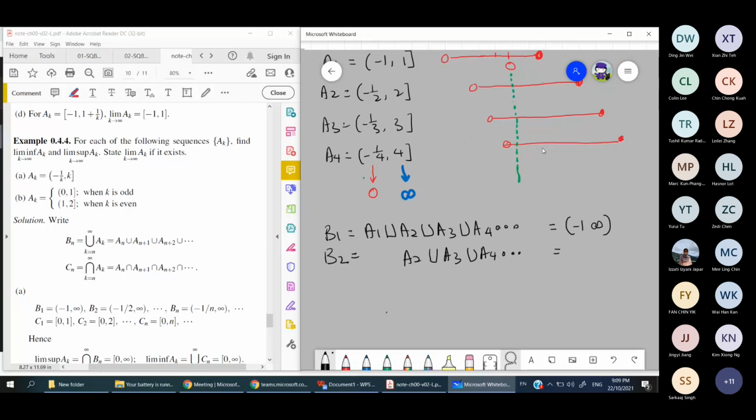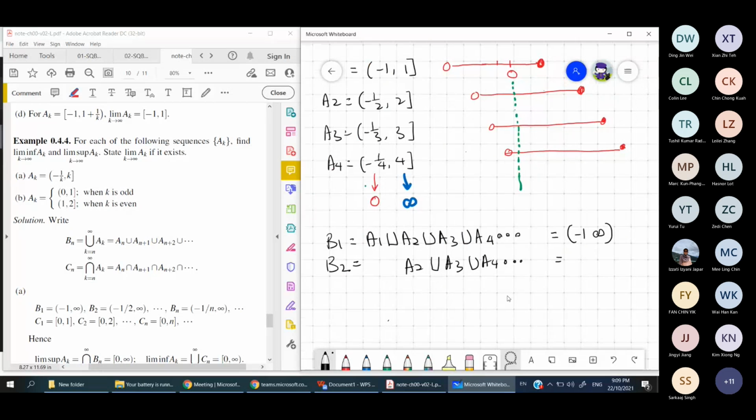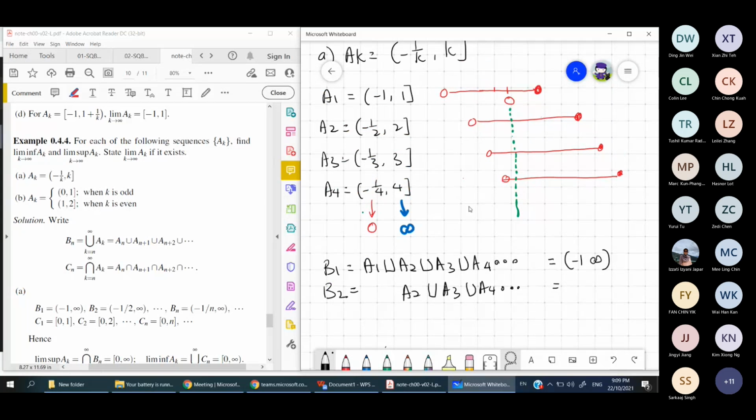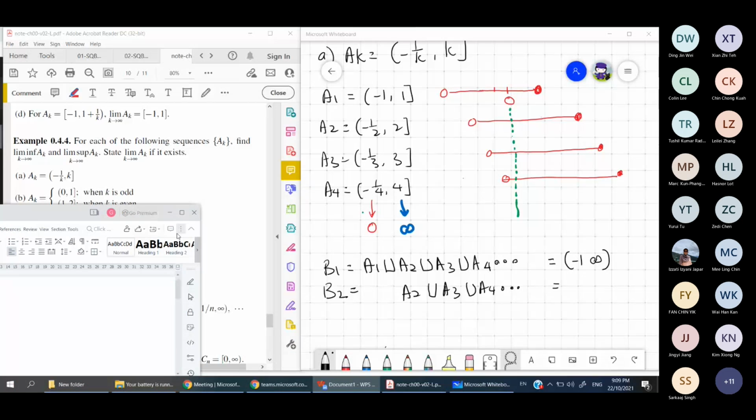Okay, we come back to here. So for B2, again, exclude A1.